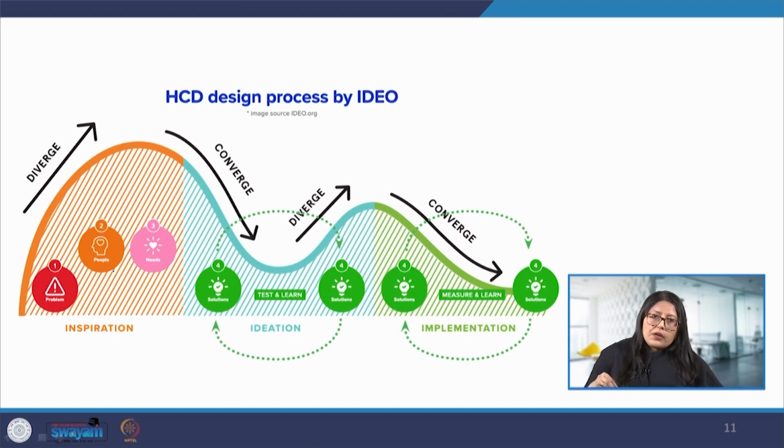Then again it moves to the measured stage and finally it is delivered. And even after delivering the final output, of course the implementation stage may again go through some more changes if required, if the final product is still unable to deliver to the best of its abilities.